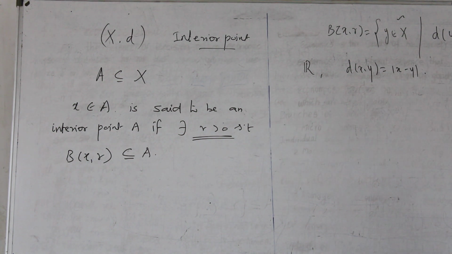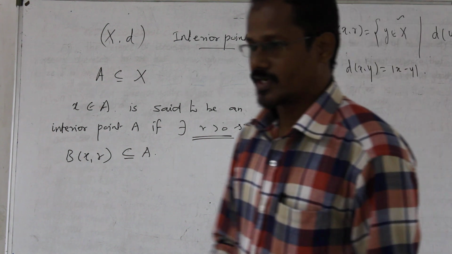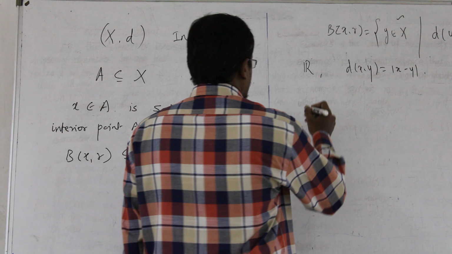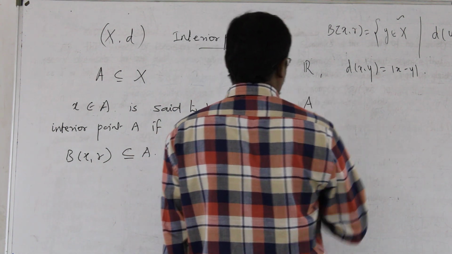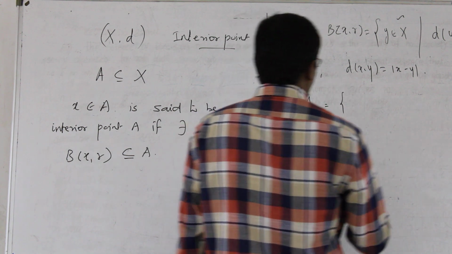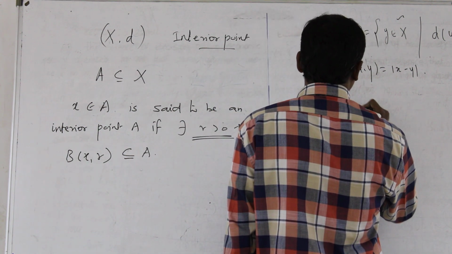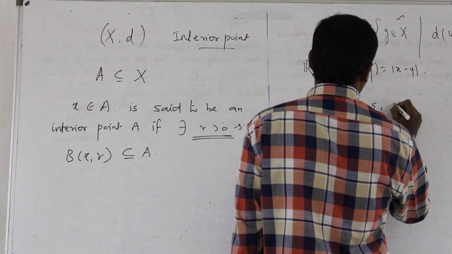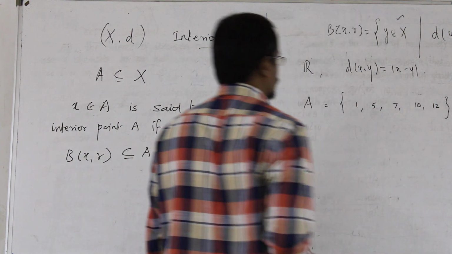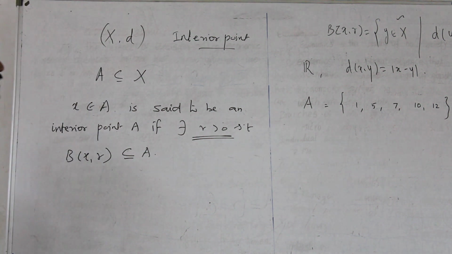The distance between any 2 points x and y in R is defined as mod x minus y. And we take the set A as, for example, the points 1, 5, 7, 10, 12. This is my set A.